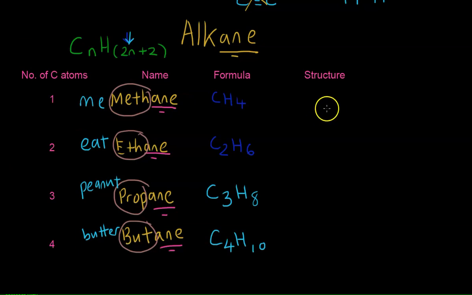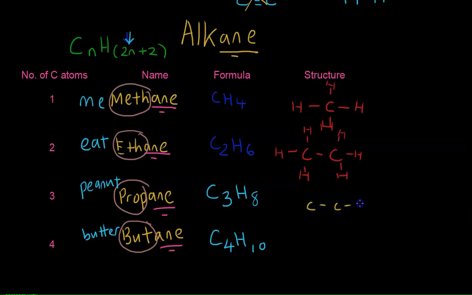If it's only one C, remember in alkanes, all C's have 4 bonds surrounding them. 1, 2, 3, 4. You fill those with hydrogen. If it's 2 carbons, 2 C's, 1, 2, fill the rest with hydrogen. Easy? It should be. Pardon my handwriting. Now let's try 3 C's. We always start with the C first. 1, 2, 3.